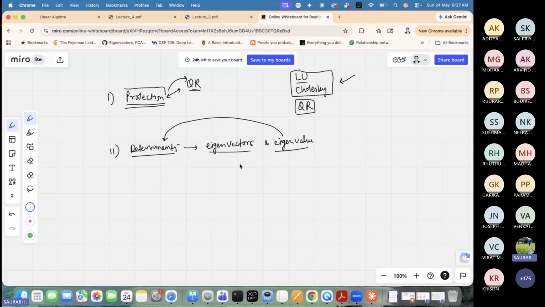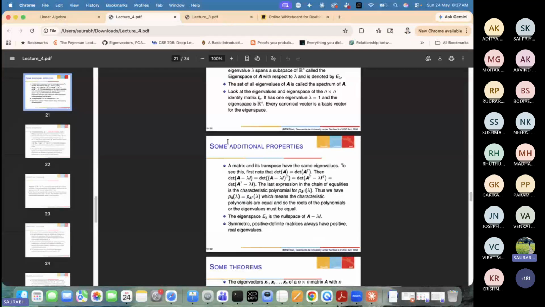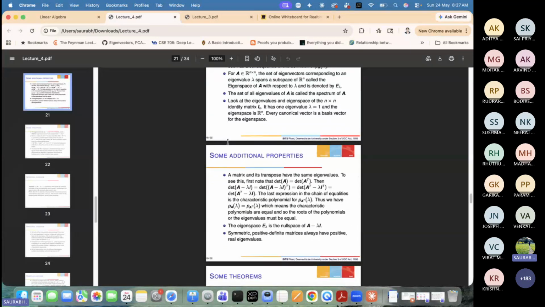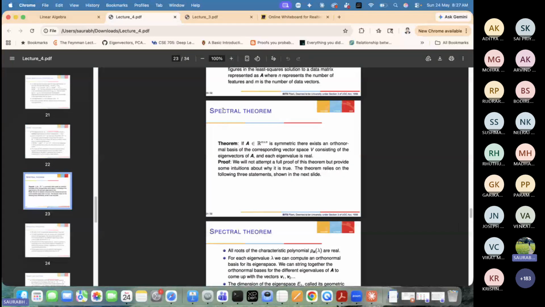For the rest of the half, I don't believe we'll be able to complete the fourth lecture. If you look into your fourth lecture, you have determinants, eigenvalues and so on. Later on, you will see in your lecture number 4 slides, and this is already there on your LMS or eLearn portal.